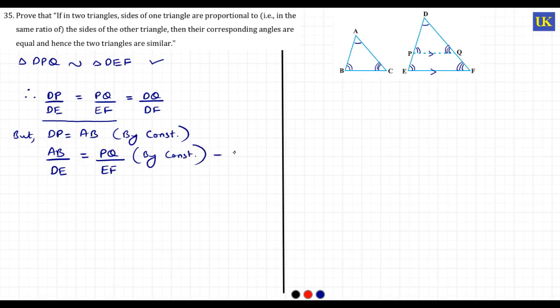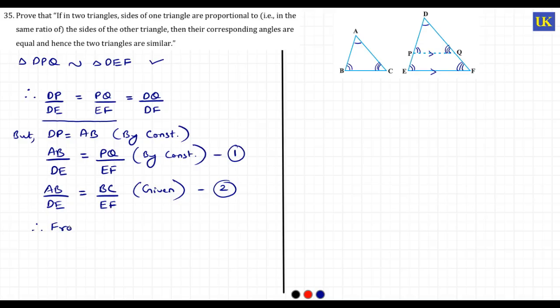Let me just number this as 1. Then AB upon DE is equal to BC upon EF. This we are writing as per the given. You can check by going back to the previous slide that AB upon DE is equal to BC upon EF. This is as per the given statement. So let me write this as 2.